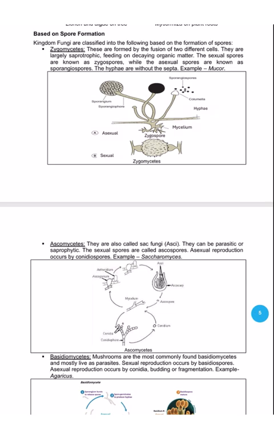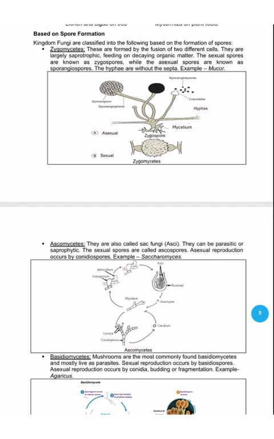And you need to know that usually fungi have two reproductive processes, sexual and asexual. This is a normal thing, but the difference is in the type of spores produced.